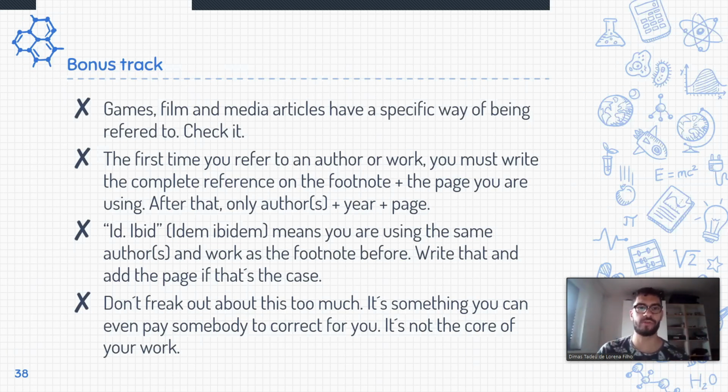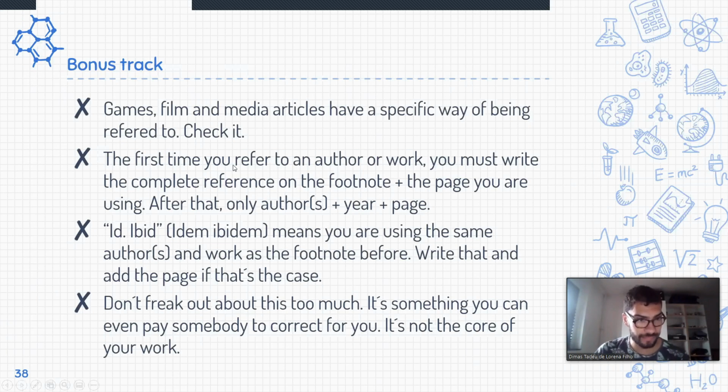So the first time I use, for example, Benjamin, I have to put the full reference: the author, the book, the place it was published, the publisher, and the year, plus the page I'm using. Then later on, I can just put Benjamin, the year and the page I'm using. But the first time always has to come with everything.